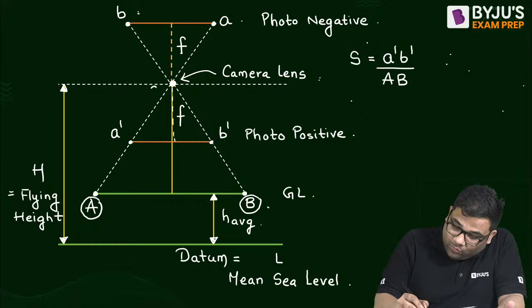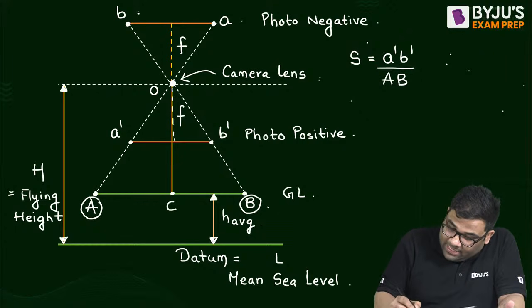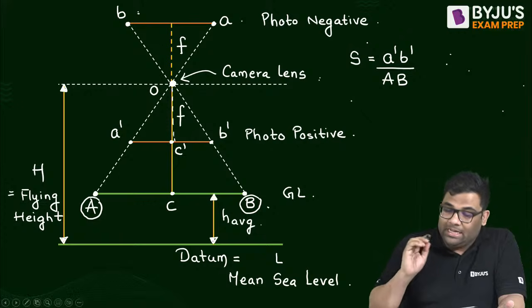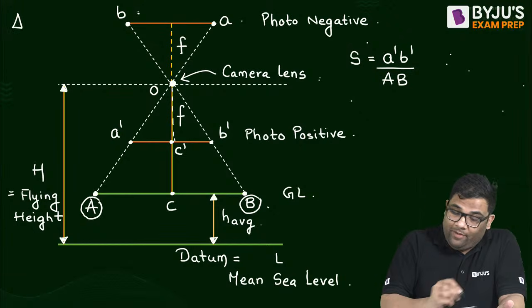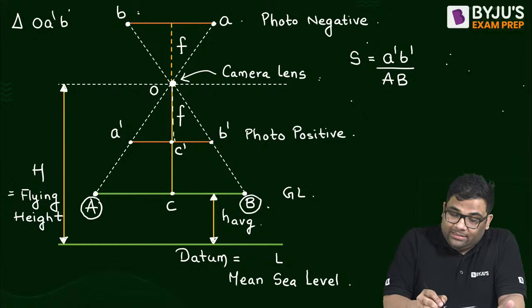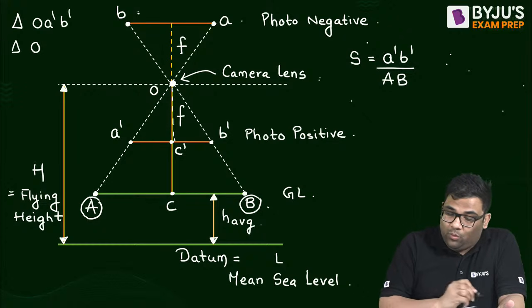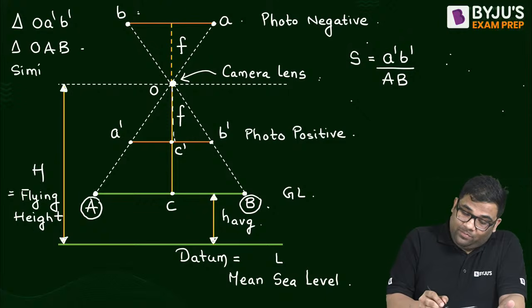Suppose this point is O, this point is C, and here it is C dash. Now see two triangles: triangle O A dash B dash and triangle O A B. They are similar triangles, right?